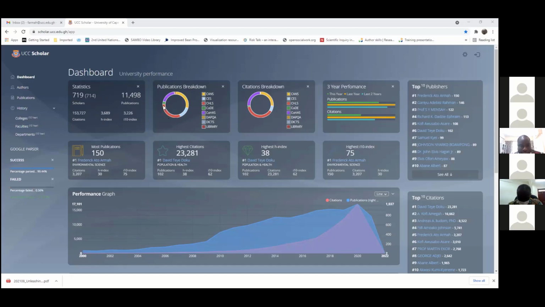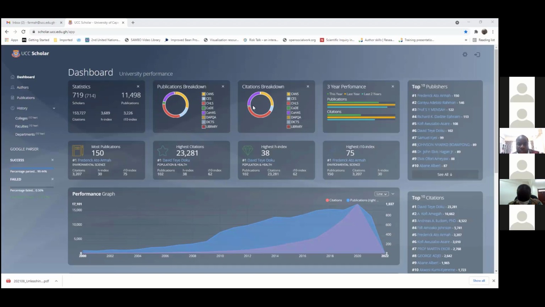So you will realize that the dominant forces when it comes to the breakdown of publication actually belongs to the College of Humanities and Legal Studies, and then the College of Agriculture and Natural Science. And then the College of Health and Allied Sciences is in third, as we can see here. So it gives indication of the contribution of the publications that we have across colleges.